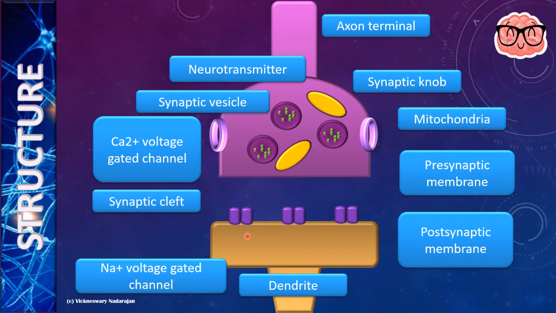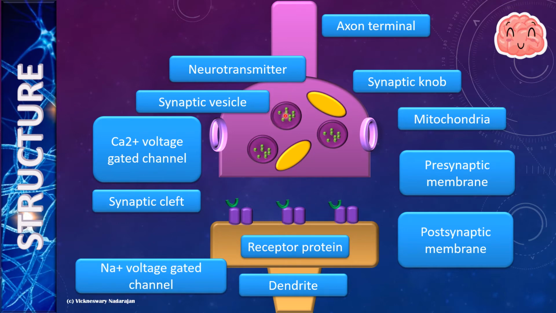Now these channels, however, are a bit different from those that are found on the axon because these sodium ion voltage gated channels have protein receptors on their surface. These protein receptors bind to the neurotransmitters specifically. So this sums up the detailed structure of a synapse.